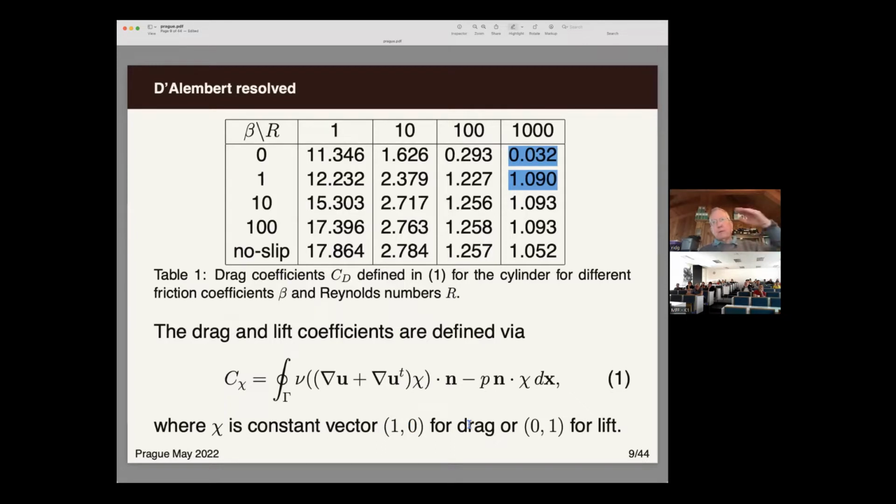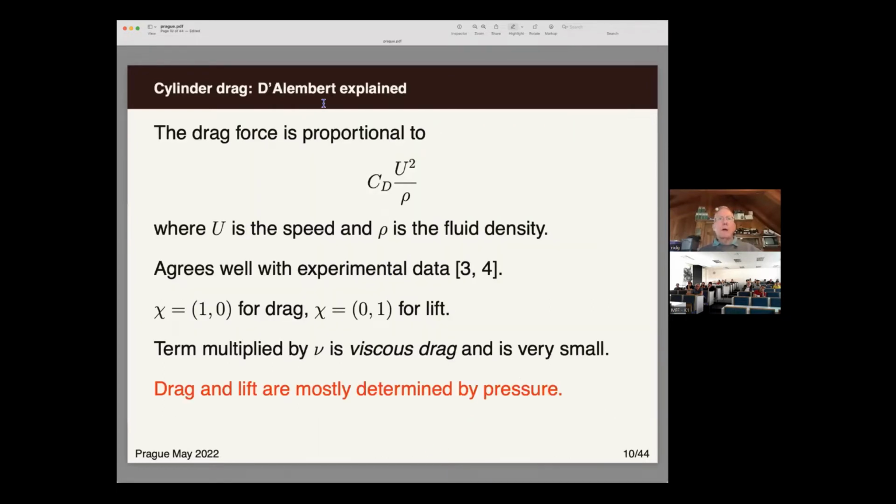So that means it's looking at things going in the direction of the flow, or 0, 1 for lift, meaning you're looking perpendicular to the flow direction. The drag force itself is proportional to u squared, the speed, divided by rho. Rho is the density, and this is the drag coefficient that was defined by that integral.